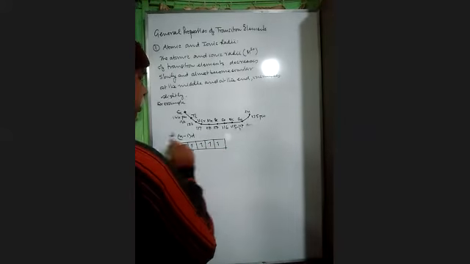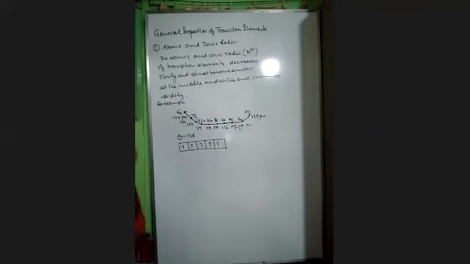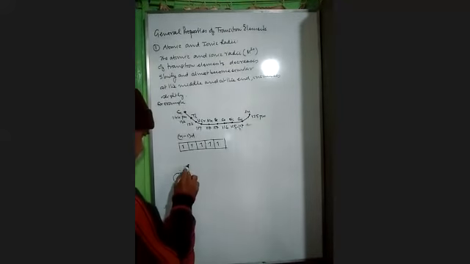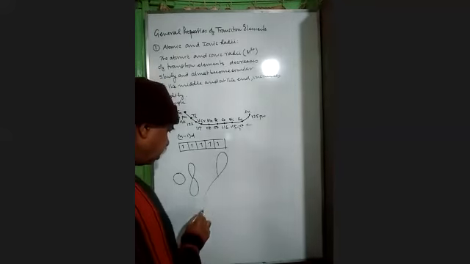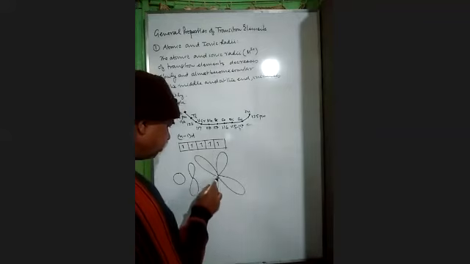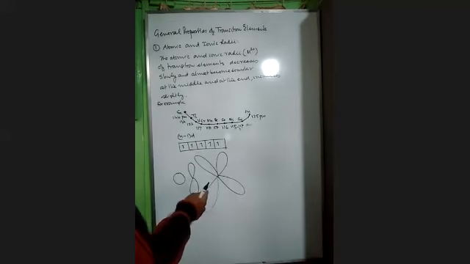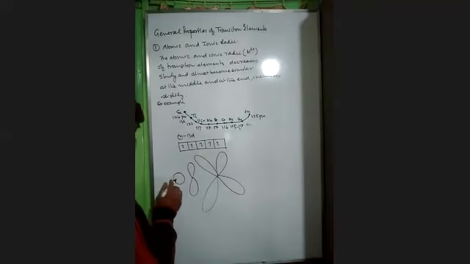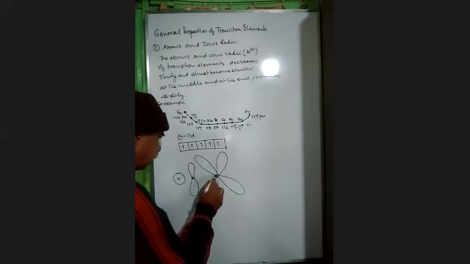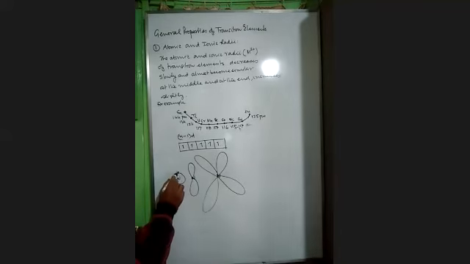Try to understand what is happening in this case. This is the s orbital. This is the p orbital. This is the d orbital. Please remember, the size of the d orbital is bigger than the p orbital, and the size of the p orbital is bigger than the s orbital. So this is the nucleus. When you put the electron here, along with that you put a proton.